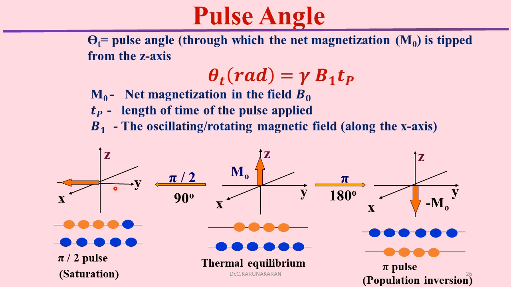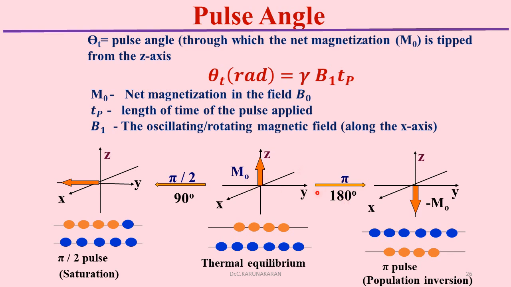This is the plus y-axis. Therefore, the two levels are equally populated. When you apply the 90-degree pulse, the two energy states are equally populated. They are saturated.